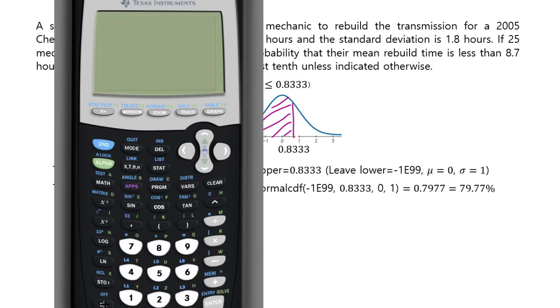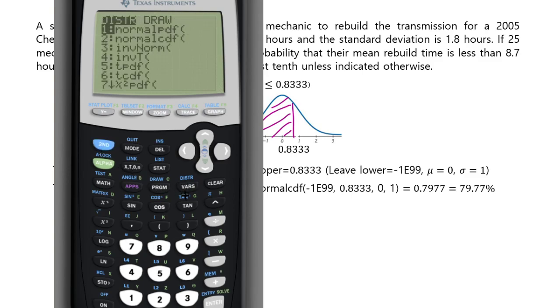So let's turn the calculator on. Second vars, normalcdf. Remember, always for the normal distribution, you use the CDF, not the PDF. And for binomial, you usually use PDF, but sometimes CDF is also used.